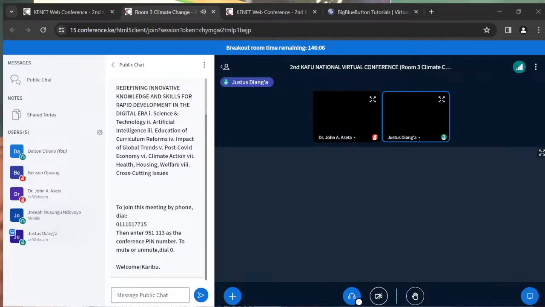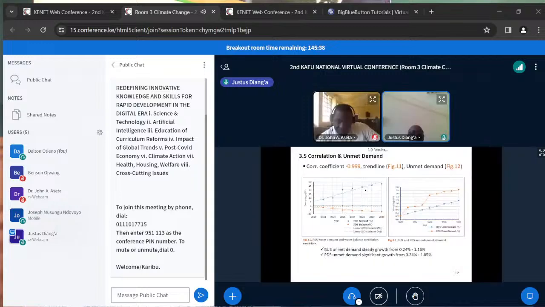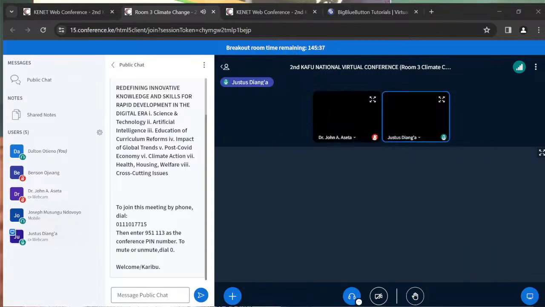The correlation was done between the water balance and the water demand, and we have a very strong relationship. That means wherever there is an increase in demand, there is an equivalent decrease in water balance.